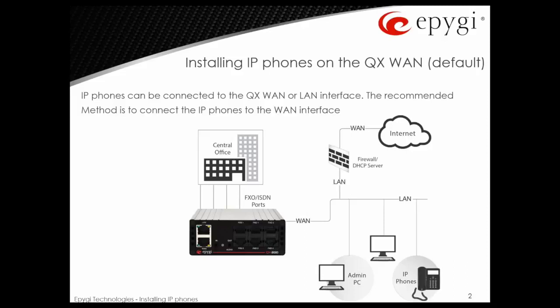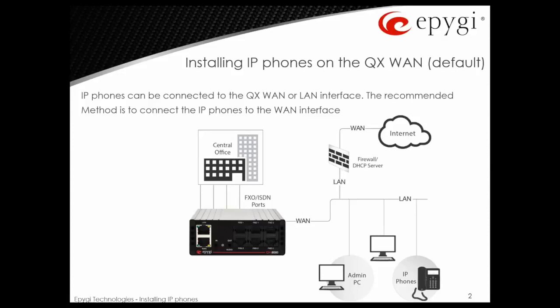Okay, so this slide here shows the customer has an internet. They've got a broadband connection. They've already got an existing firewall. They've got their data network, a LAN. All the devices are connected to a switch. You can connect the QX WAN, W-A-N, port to that switch.